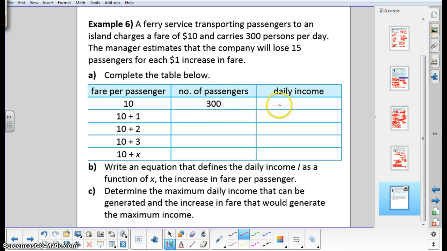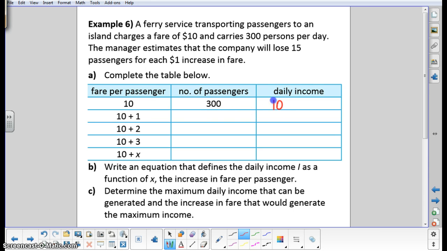So our daily income is 10 times 300. So you just multiply $10 per passenger and 300 and get 10 times 300. And I'm leaving that factored for a second because I think you'll see how that's going to play out. So if we increase the number of dollars by 1, so this would turn out to be $11, then we're going to lose 15 passengers.